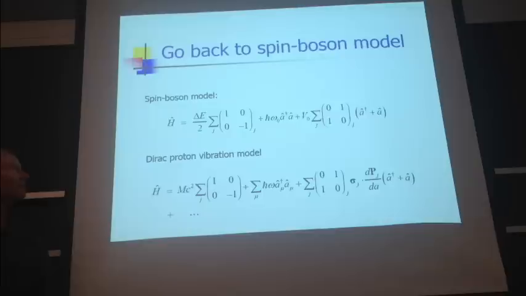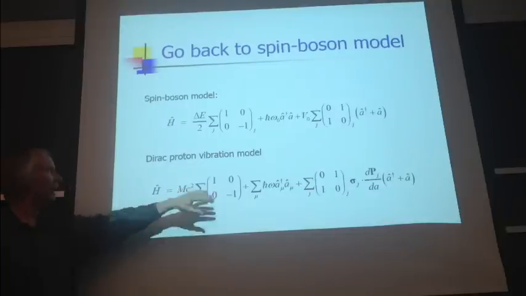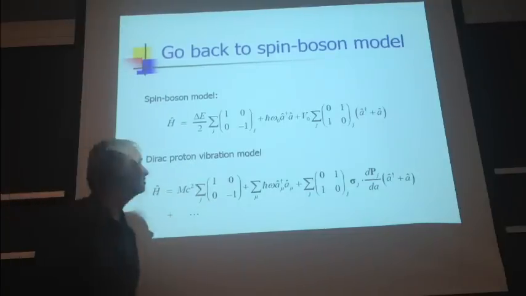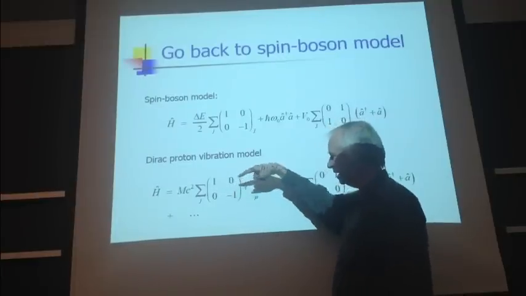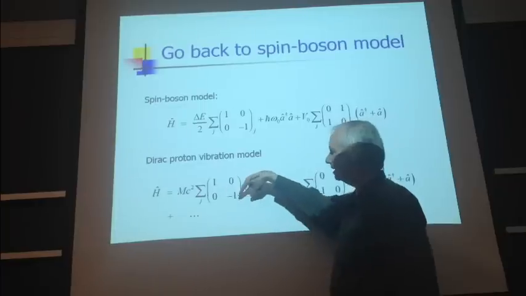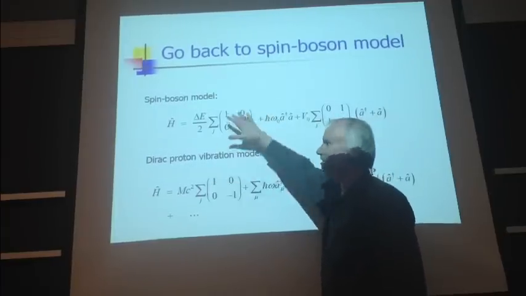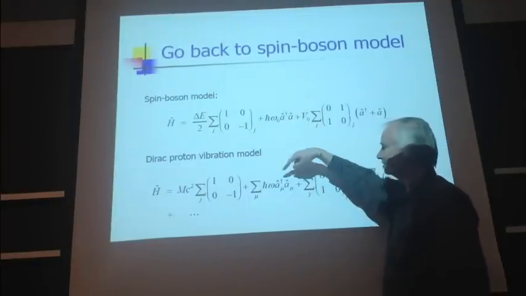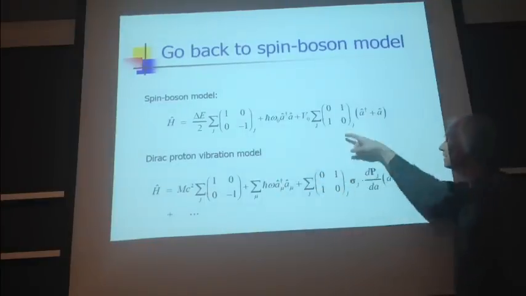So let me go back and think about it. Spin boson model and part of the Dirac proton vibrational system. Mass, energy, positive mass, negative energy, upper state, lower state. These terms are like the same. Oscillator, any oscillators. Oscillators are oscillators.